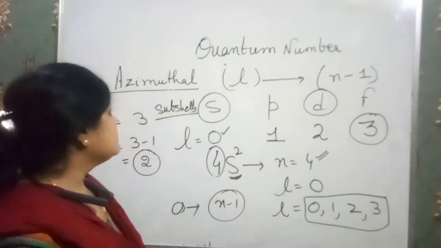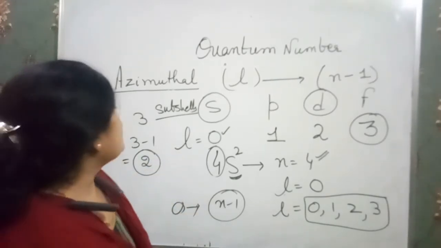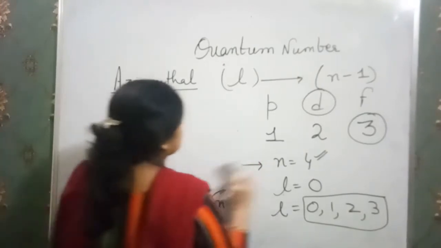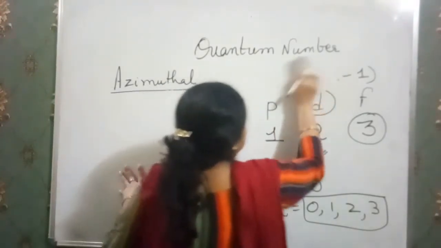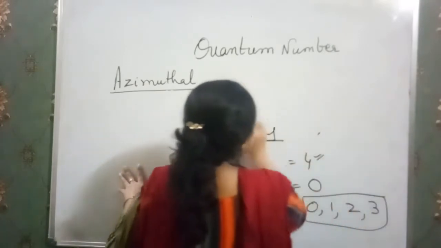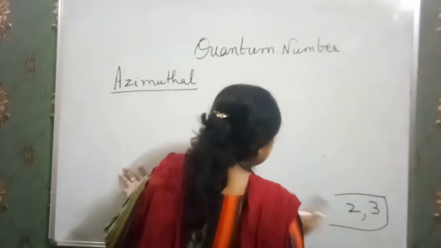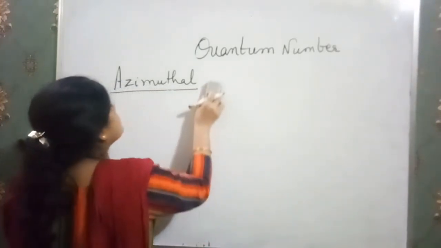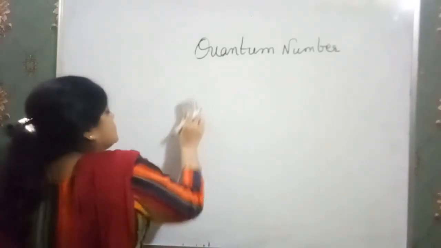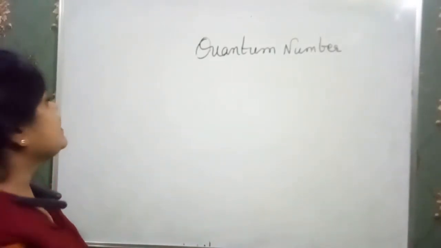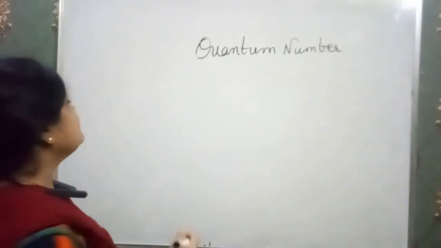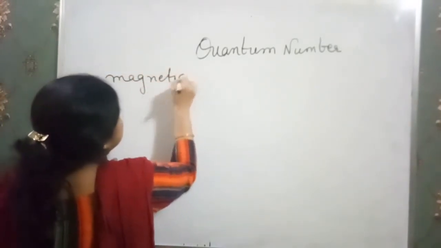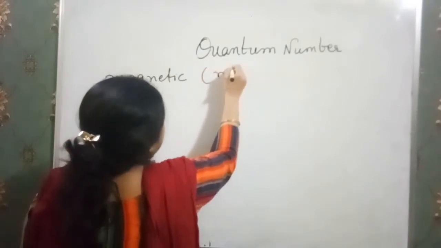Clear? Now, next one is we have magnetic quantum number. Whenever any atom is put into a magnetic field, it splits and shows a different type of behavior. It is affected by that magnetic field and we get the magnetic quantum number, and it is denoted by m.